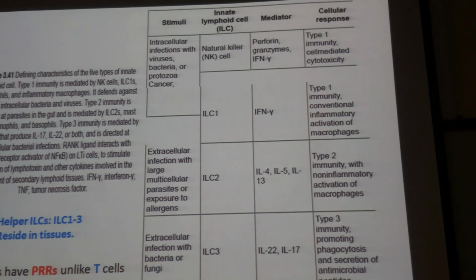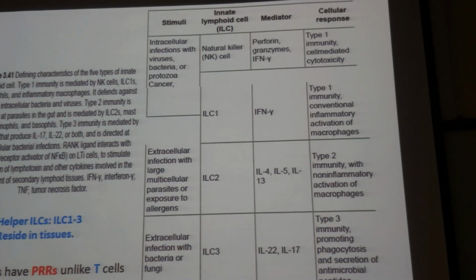And there would be conventional inflammatory activation of the macrophages as happens in the case of infection. Okay? So if there is infection with the virus or bacteria or protozoa, etc., the immediate response cells that are going to be initially involved in this process of inflammation would be the natural killer cells invited by the macrophages and ILC1, which are there in the tissues, okay?